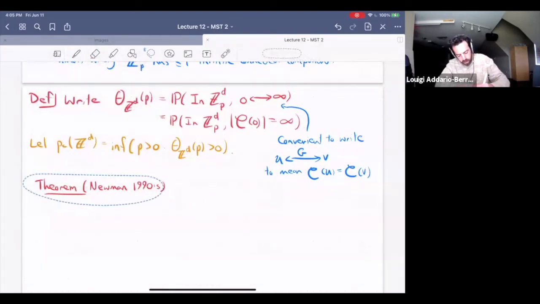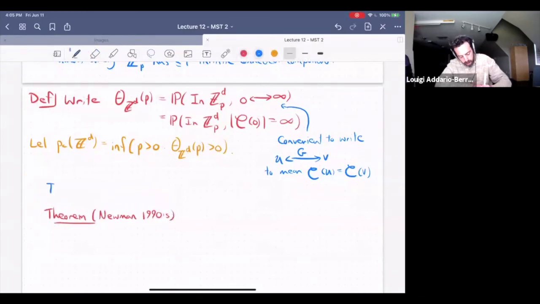We already have this notation T_v, which is the Prim tree started from v, and now v is always going to be a lattice point. Okay.